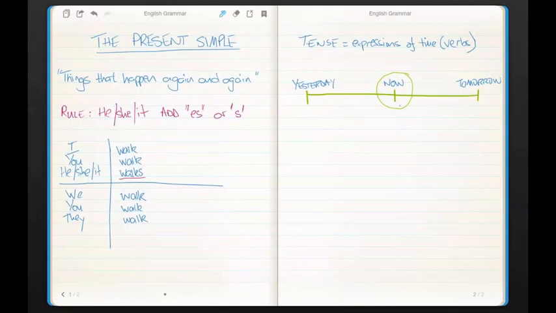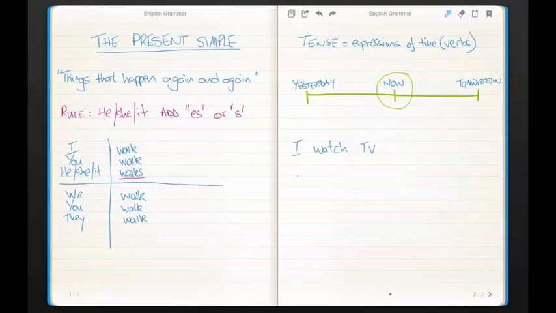So we can take an example. Let's take the example now, I watch TV. It's something that I do every day.